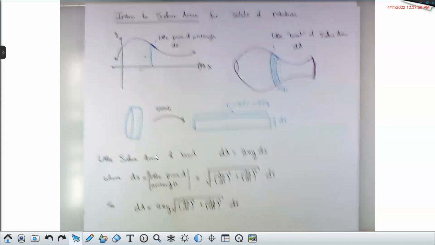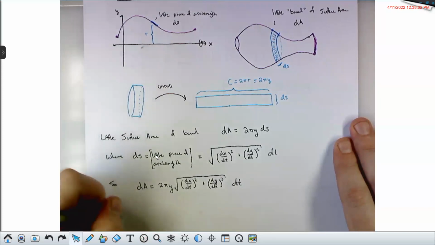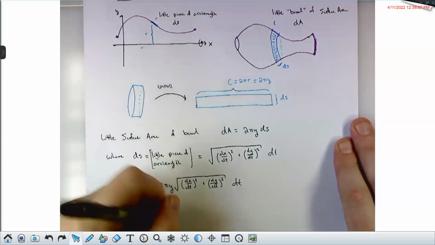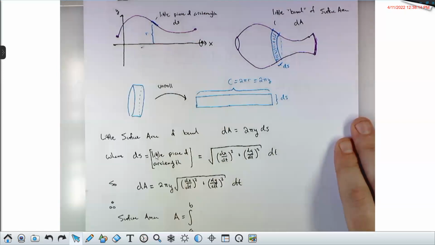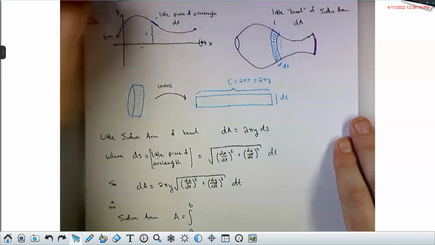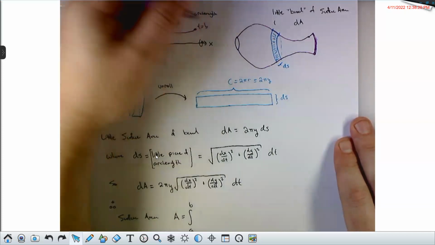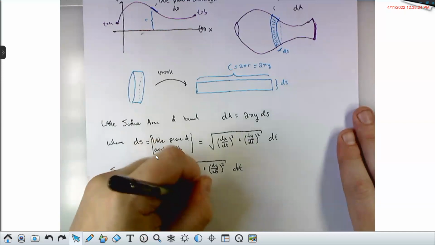which means your full surface area, we'll call A, would be the integral from a to b. These are t values. The t value at the left is a. The t value at the right is b of dA, which is this thing.